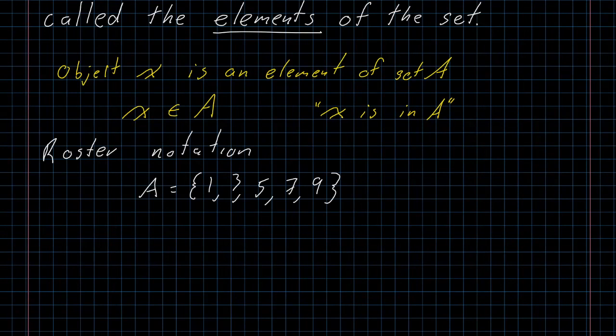I can list those out in a roster. I surround that roster with curly braces, which in this context are referred to as set braces. And again, the context of seeing a list surrounded by curly braces tells you that the list is the elements of the set in roster form.